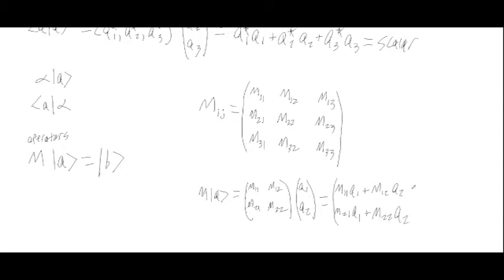And this will be our new vector here. We could simplify that and call the top B1, and the bottom B2, and so that is our new vector there.